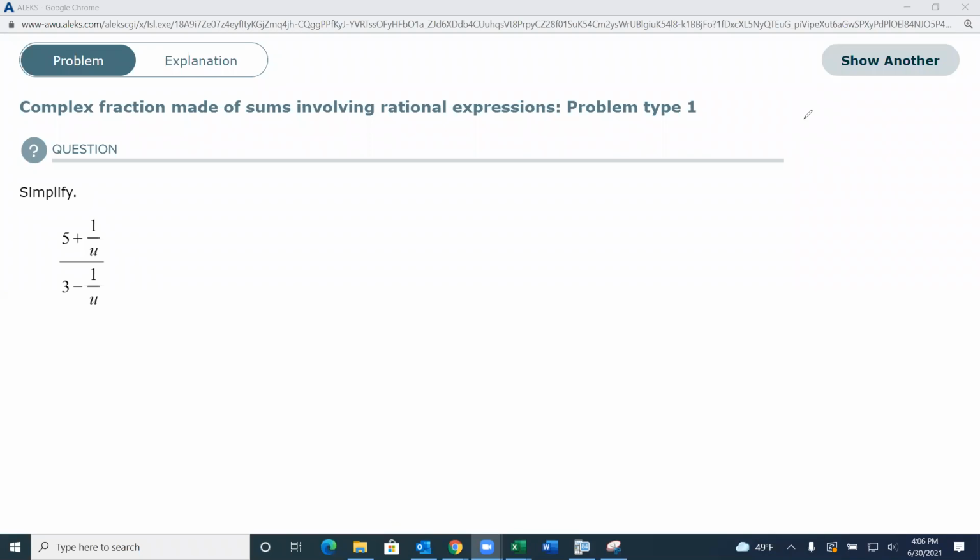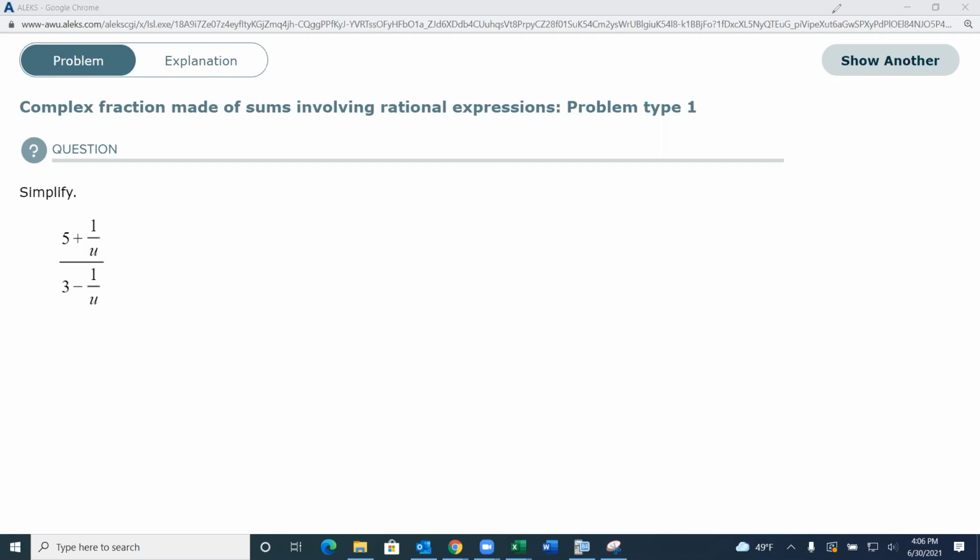Now on this one, we want to do the same thing, but we can't flip this bottom guy until it's one single fraction. So what we're going to do is combine these two and then combine these two so that we have just one fraction over one fraction to kick things off.